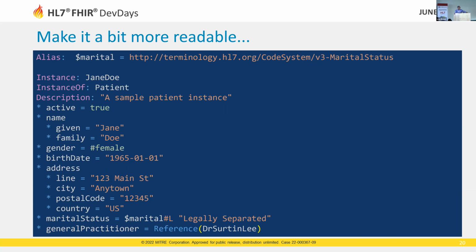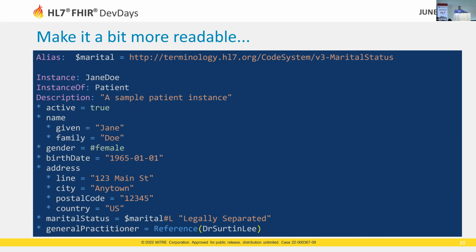The other thing that makes it more readable is the very first line, where we've aliased that long code system URL. Aliases are very handy because they make your code more readable, and you don't have to retype it with a chance of mistake. So in this case, we've just had an alias marital for that marital status value code system. Down in the second to the last line, you see we're using that alias.